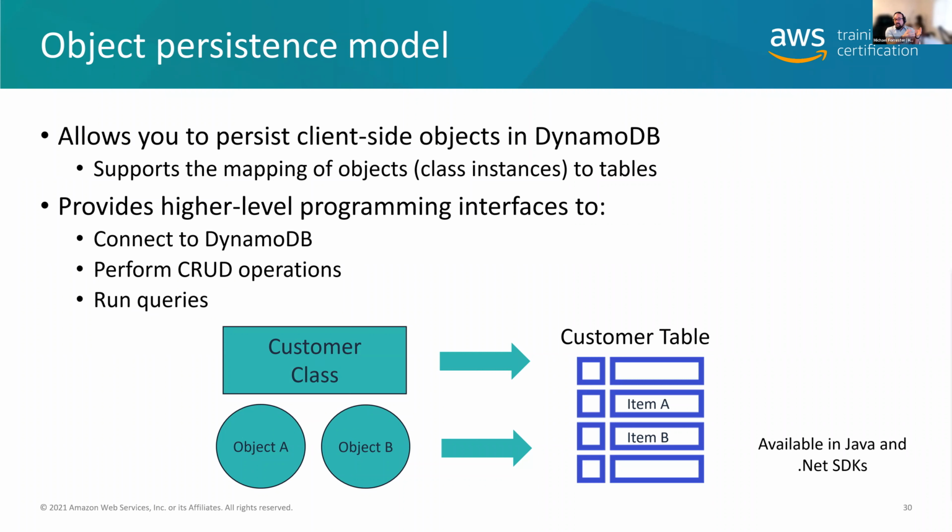The instances of these classes, these objects, map to items in the table itself. You can use this programming interface to connect to DynamoDB and do CRUD. You can even do optimistic locking with the version number. Again, this is only supported in .NET and Java. It's not in Python.